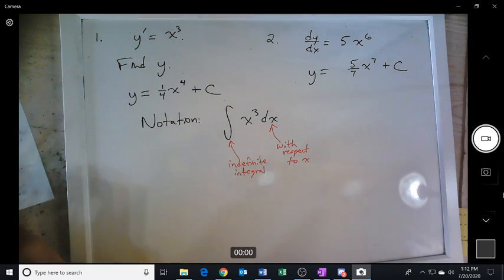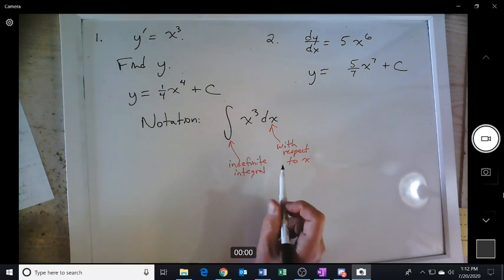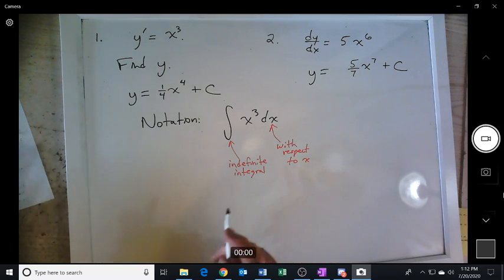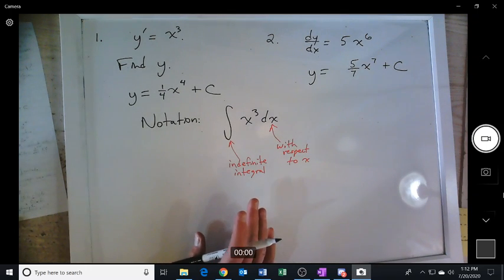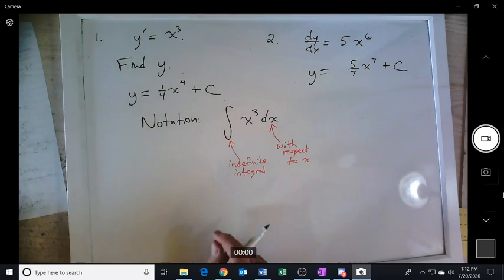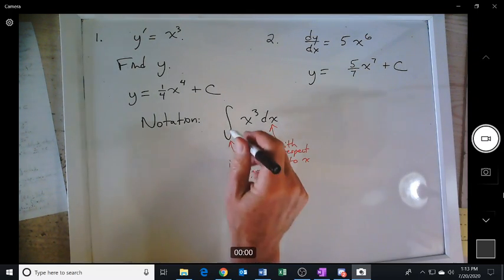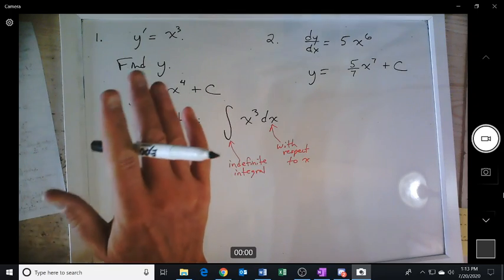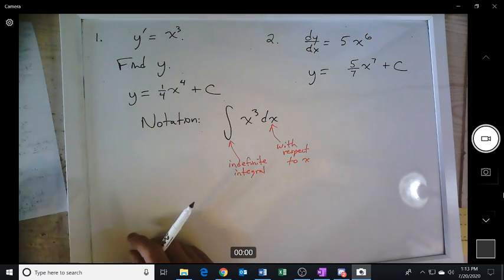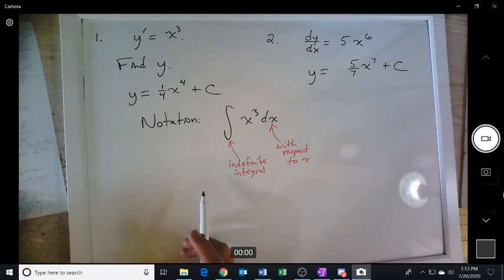Now, the indefinite integral with respect to x is the same as the antiderivative. But we're going to get away from the name antiderivative and go to this indefinite integral idea. And this indefinite integral is a whole new symbol. It looks like a really elongated S, super long on the midsection.